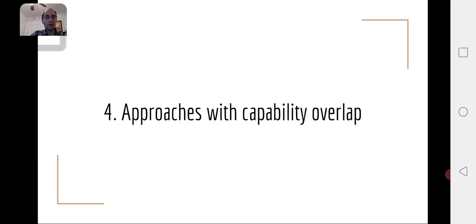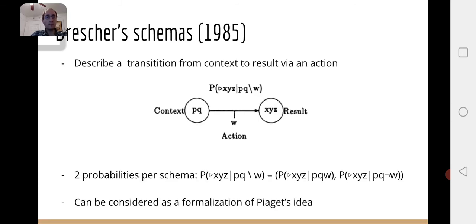If we look at approaches with capability overlap now, one important idea is already quite old. It was proposed by Piaget, this idea of schemas, which is actually related to the implication statements we have just seen.